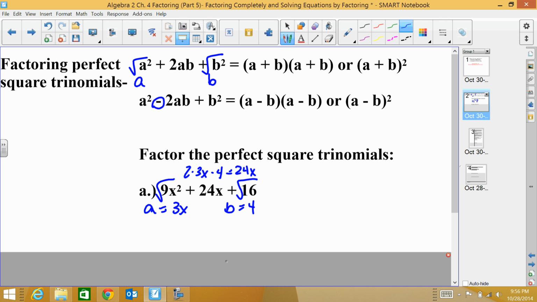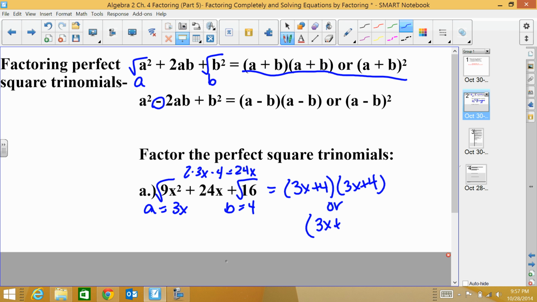So now that I've identified that this is a perfect square trinomial, I can use my pattern up here to factor it. That would be equal to a plus b, which would be 3x plus 4 times 3x plus 4. Now, since I wrote that twice, I could have just written it like 3x plus 4 squared.